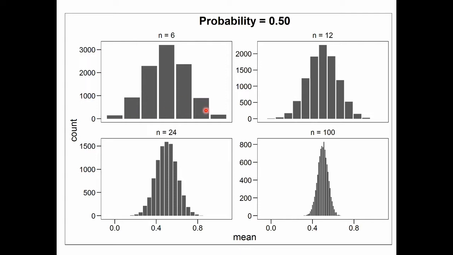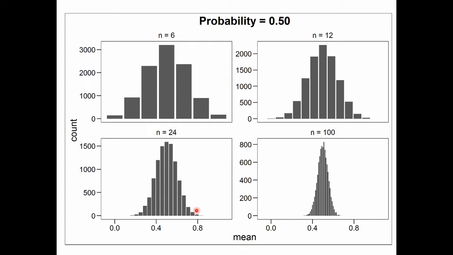So here my distribution is fairly wide, and it's not at all unusual to get imbalances that aren't 50-50 with n equals 6. The same for n equals 12. It's a little bit more peaked here in the middle, and extreme imbalances are becoming more rare. That becomes even more true. You can compare this one to the one above it.